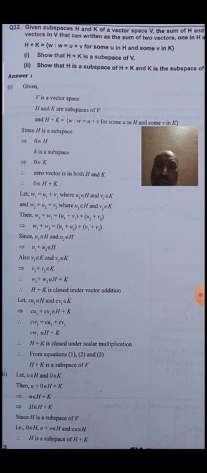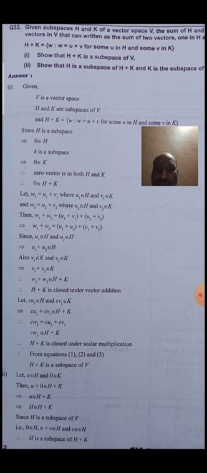Since U1 belongs to H and U2 belongs to H, it implies U1 plus U2 belongs to H. Same as also, V1 belongs to K, V2 belongs to K, so V1 plus V2 belongs to K. Therefore, W1 plus W2 belongs to H plus K. Therefore, H plus K is closed under vector addition.